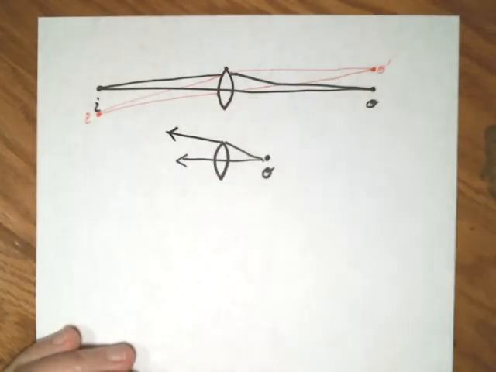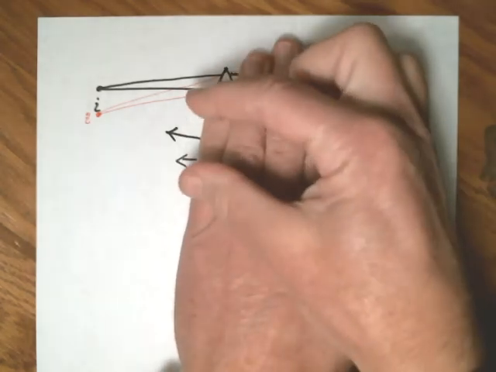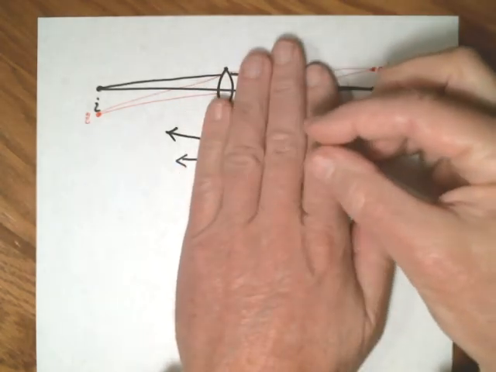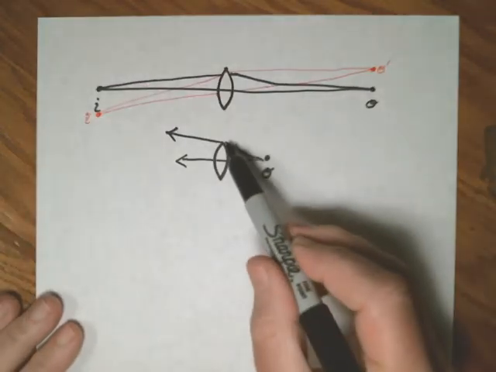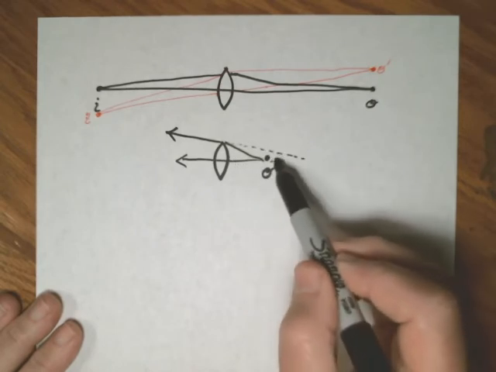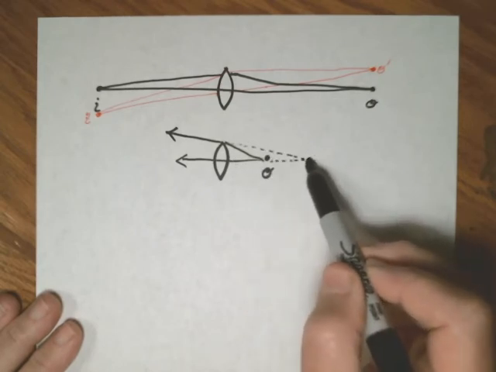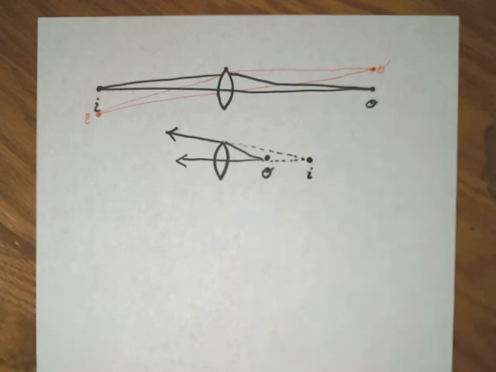So then, if our eye sees these rays, it traces them back to someplace far back. The dashed line traceback of that one goes back to there. That one traces back to there. And we get a virtual image at that distance.